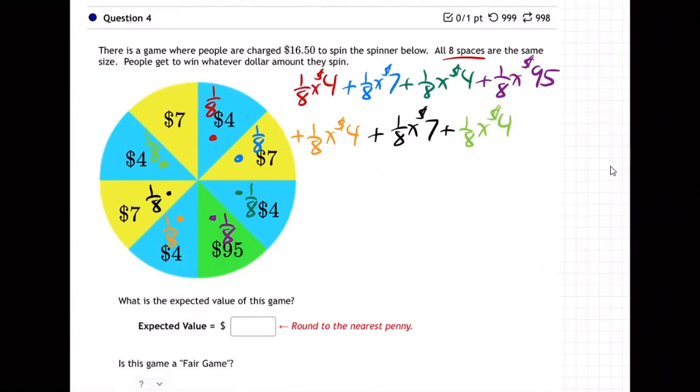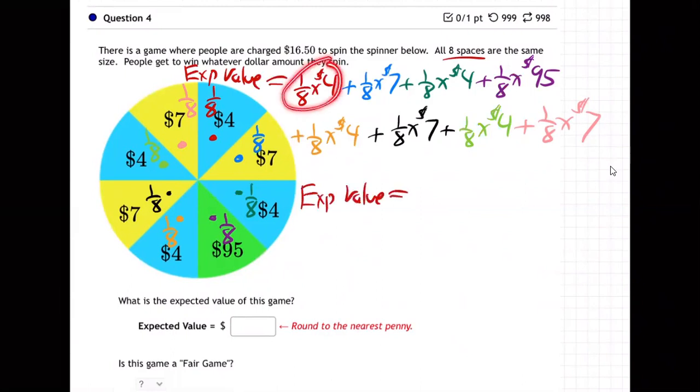And the last one here, plus this one, 1/8 as well, times $7. So this is the expected value. So hit the buttons on your calculator.